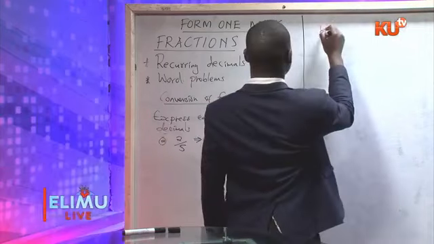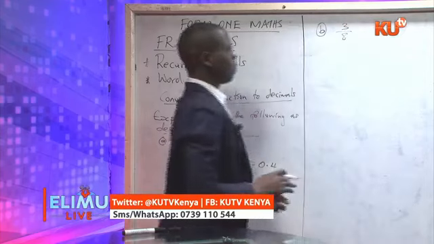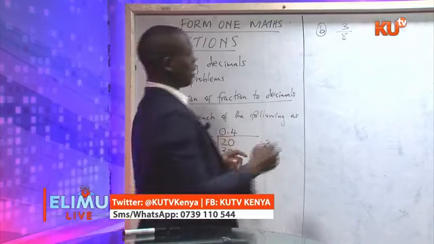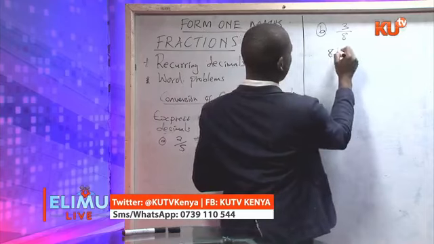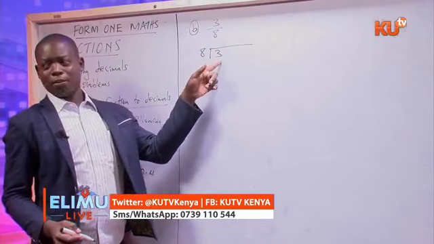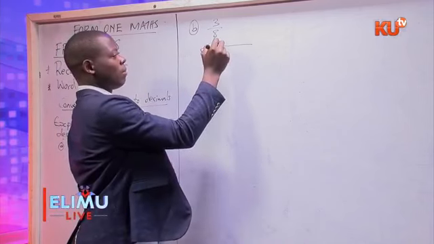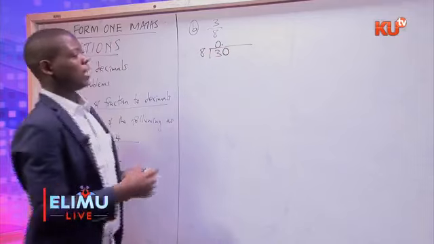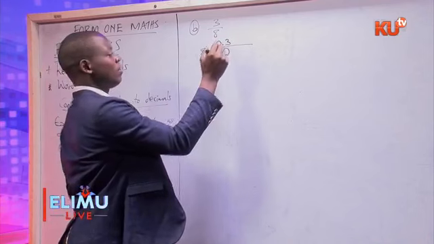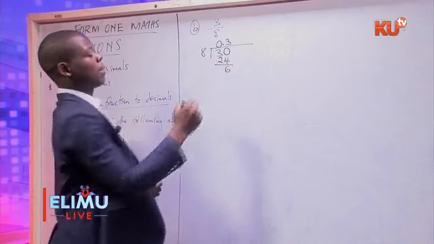If we have a second case, let's say, for example, we have 3 over 8. We are told to express 3 over 8 as a decimal. Again, we shall take 8, we divide it into 3. 8 cannot divide 3, so we write 0 and put a decimal point, add a 0 to 3 to make it 30. 8 into 30 is 3 times, so that we have 24, a difference of 6.